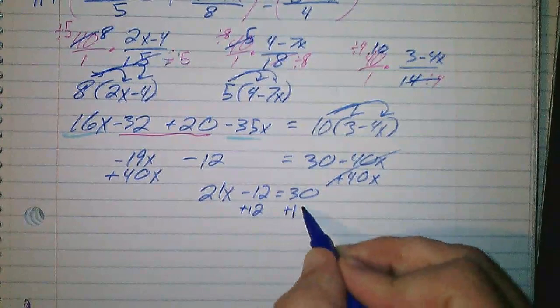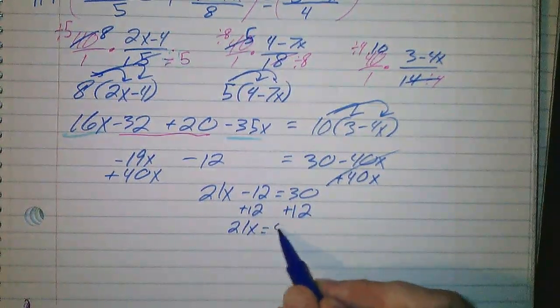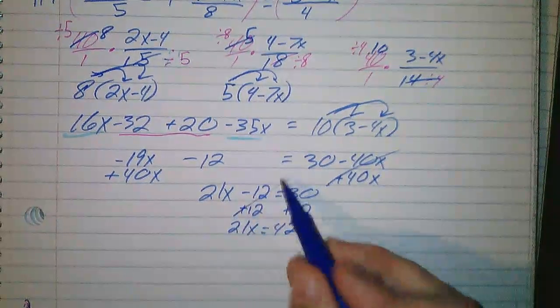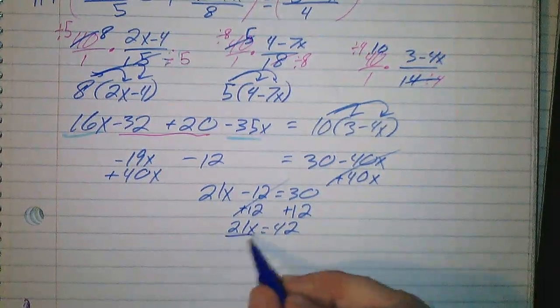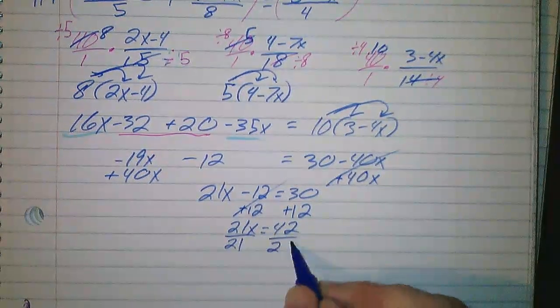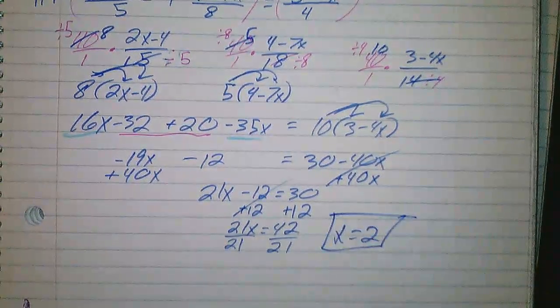Add 12 to both sides, so that 21x equals 42. And finally, we divide out the coefficient.